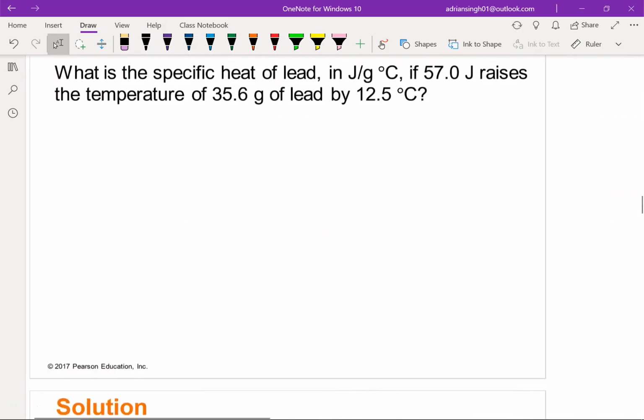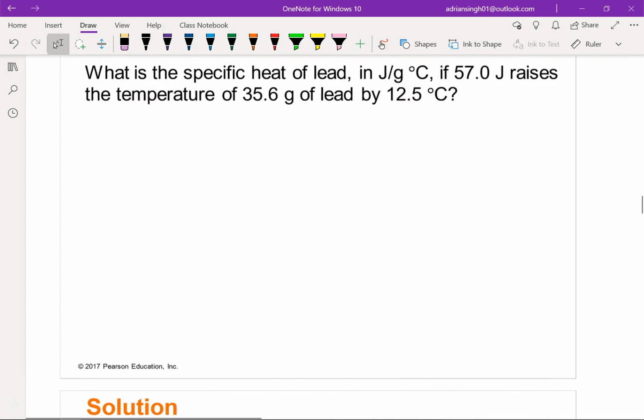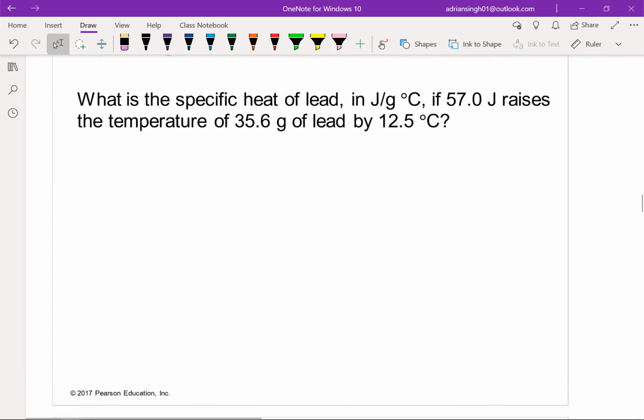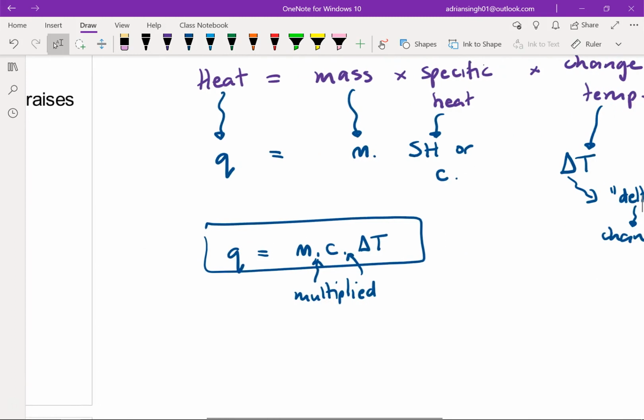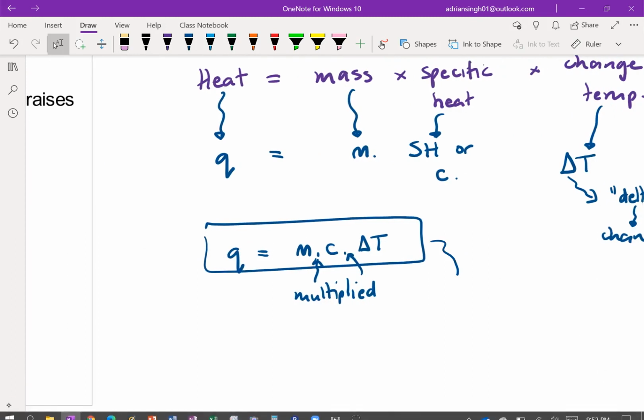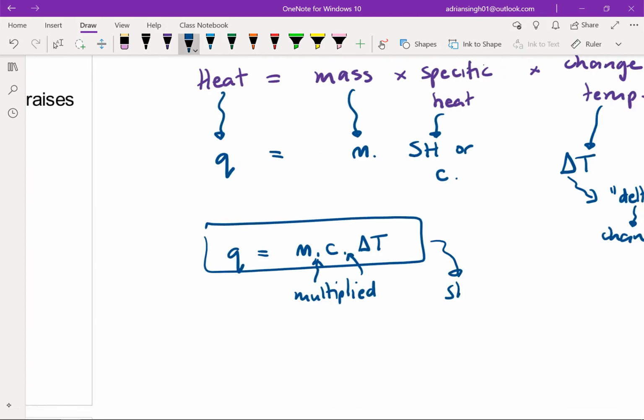So when you're given a problem involving heat, we can use that equation, and we should be able to do a little bit of algebra on it too. We should be able to rearrange this so we can solve for any unknown in this equation.